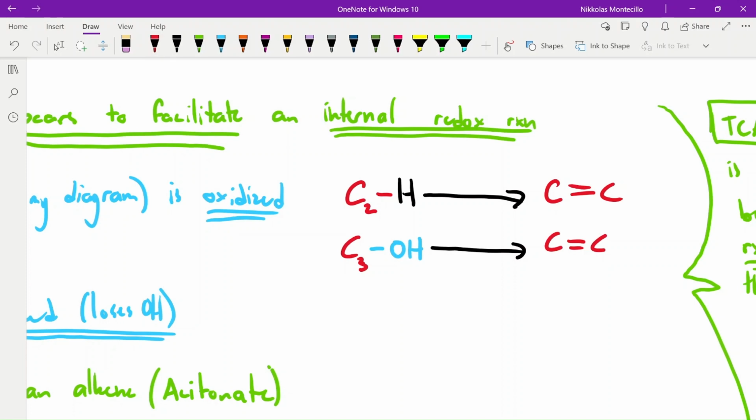It has equal sharing with C2, but it gains 2 electrons, right?